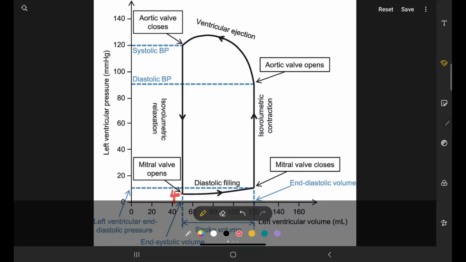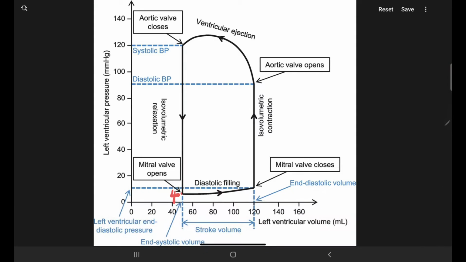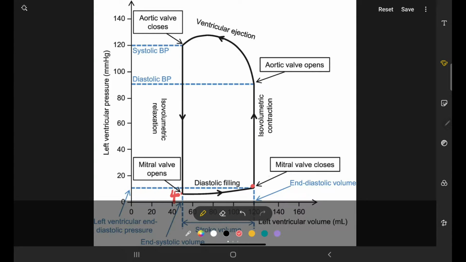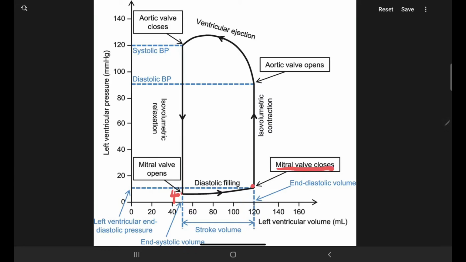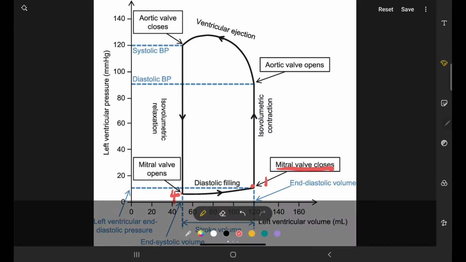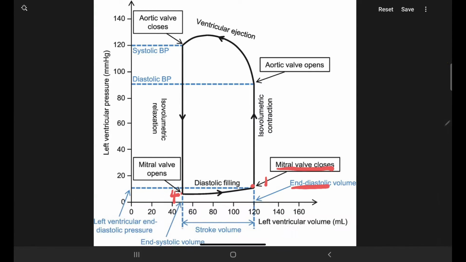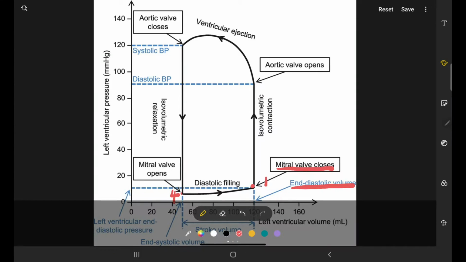And when the pressure increases to just after 8, we see that there is closure of the mitral valve. Now, call this number 1. So what you get just at the closure of the mitral valve is known as end diastolic volume. All right.